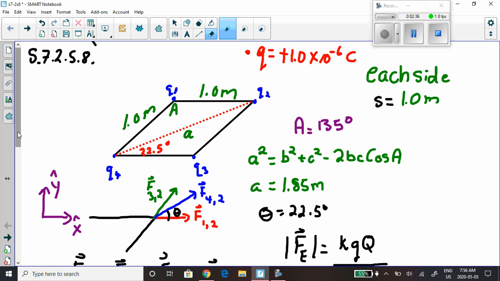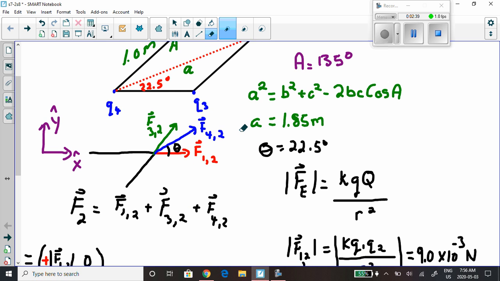So what they're asking us to do is find the electric force on one of these charges. And here's the equation for electric force: K, one charge, the other charge, divided by how far apart they are squared. So let's take a look at the electric force on charge 2. We establish our Cartesian plane, x hat, y hat, and the electric force on charge 2 will be caused by the electric force from charge 1 onto charge 2.